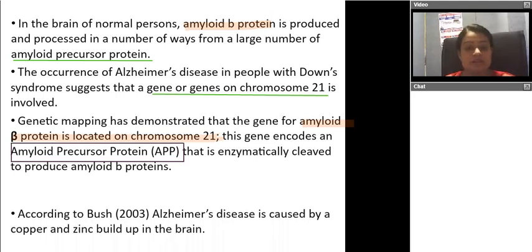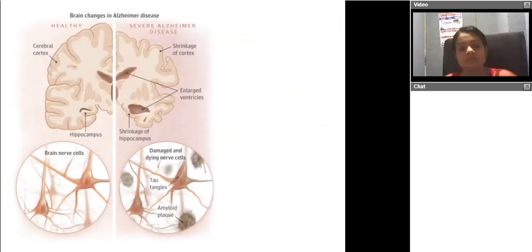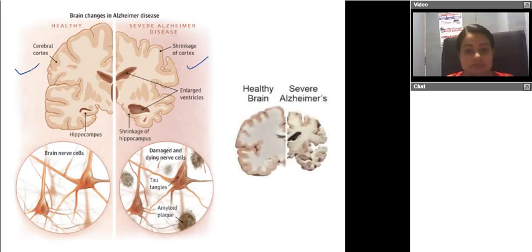In Alzheimer's disease, there is a zinc buildup in the brain along with deposition of copper. As we can see in the image, the brain changes in Alzheimer's disease. This is the normal cortex. Their ventricles are enlarged and the hippocampus is also shrunken.